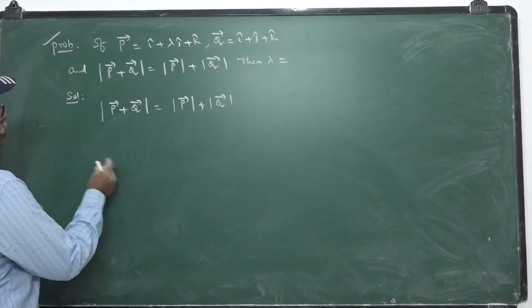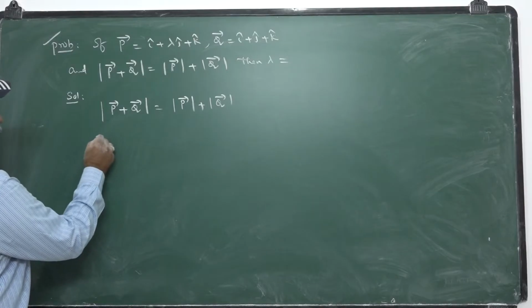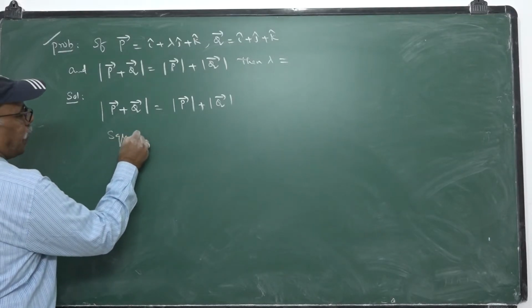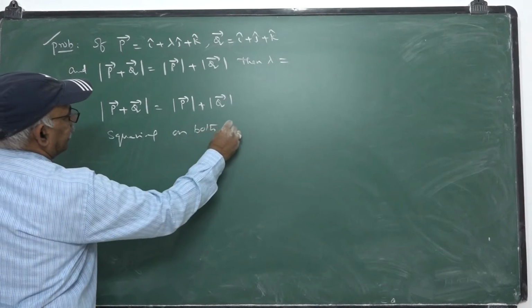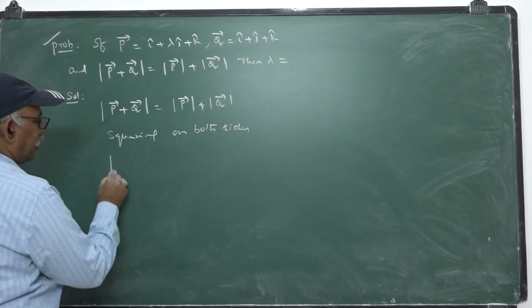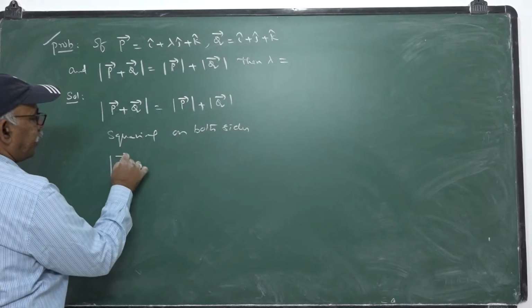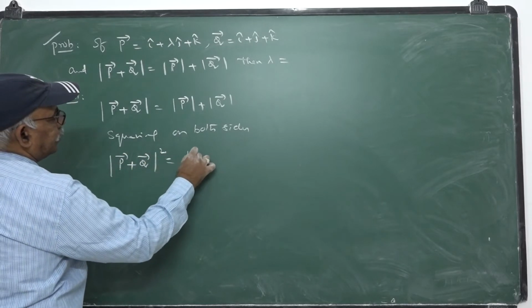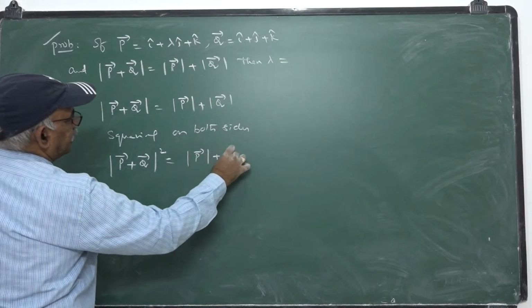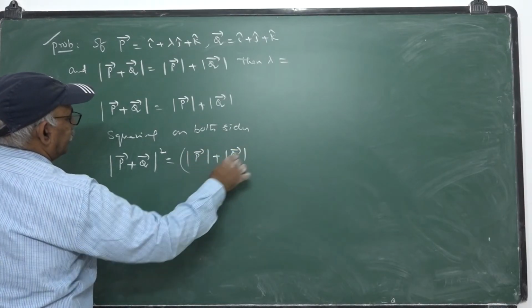So squaring on both sides, we get modulus of P bar plus Q bar whole square equal to modulus of P bar plus modulus of Q bar whole square.